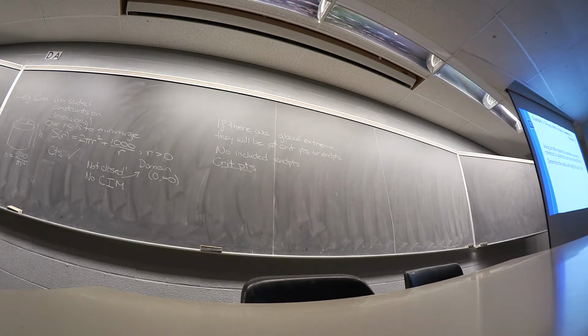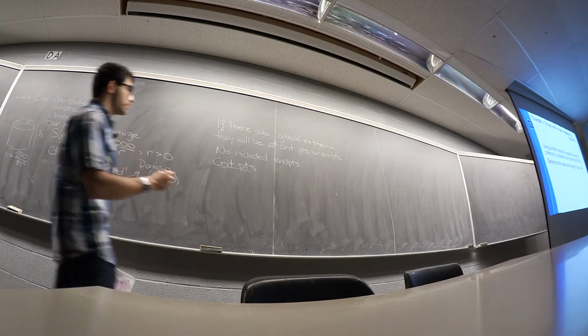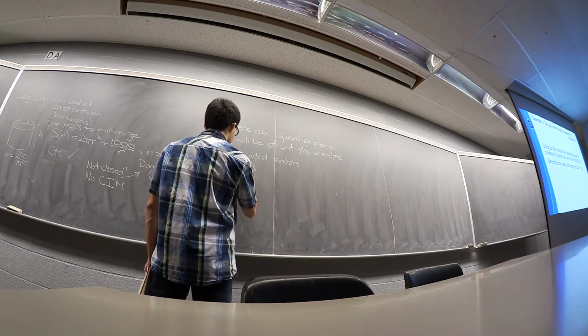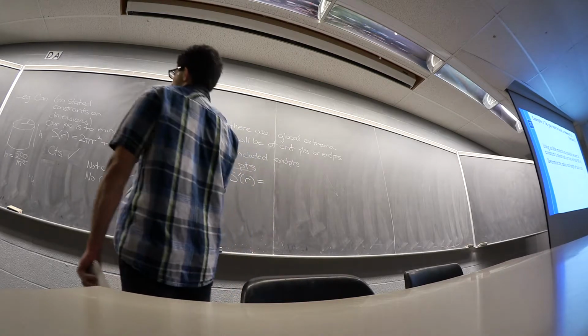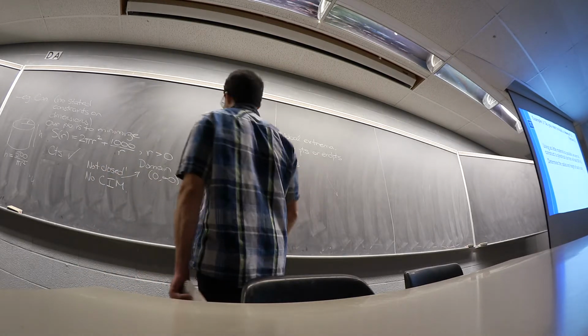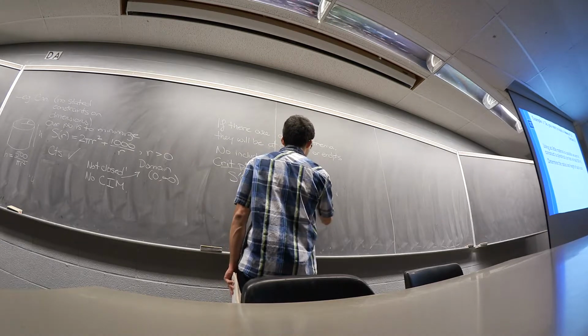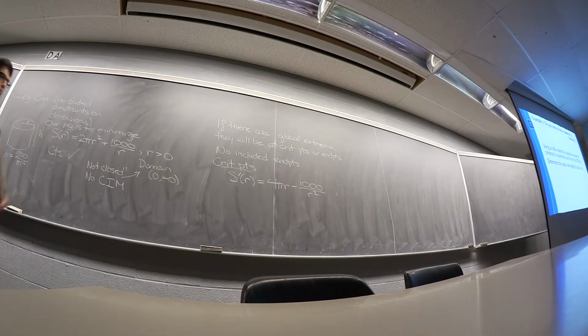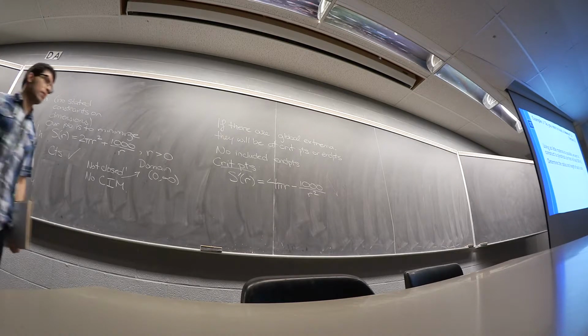The derivative didn't change, it was the same as it was last time. So the derivative was 4 pi r minus 1,000 over r squared. We did this already. It's exactly the same result as before.